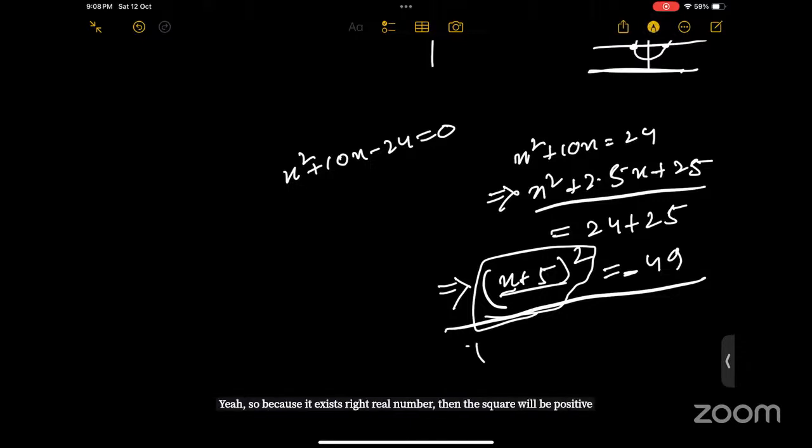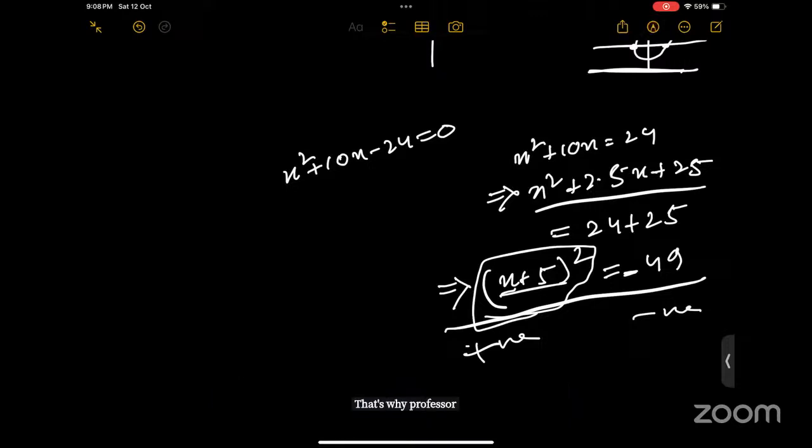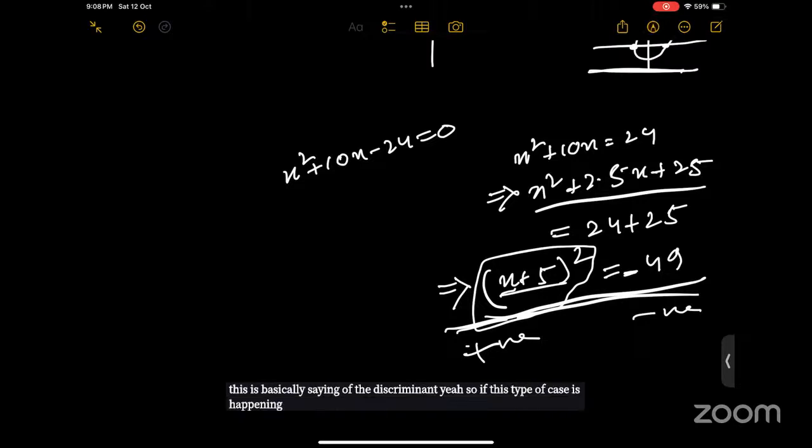So this side is a positive value, this side is a negative value. This is not possible, right? That's why the professor said that this should be something positive. This is basically indirectly saying the discriminant. So if this type of case is happening, then the discriminant will be something negative. This is nothing but the discriminant.